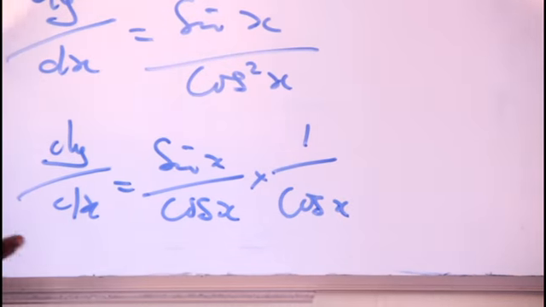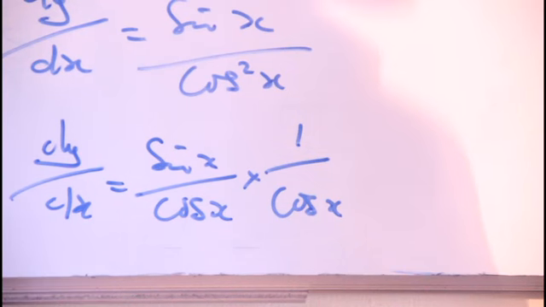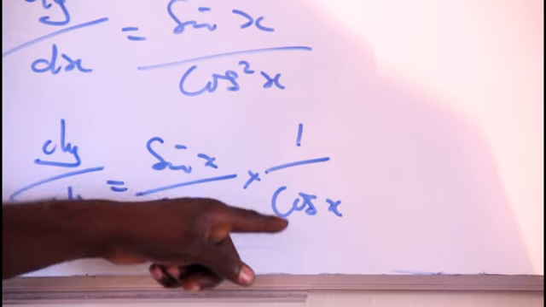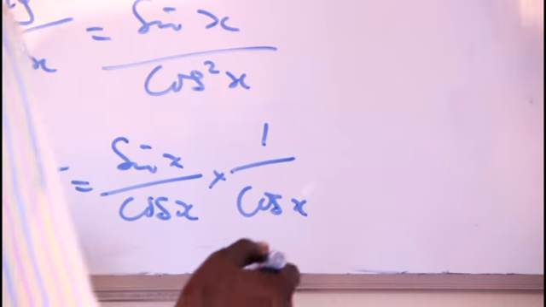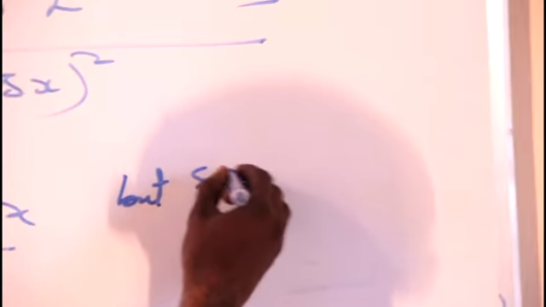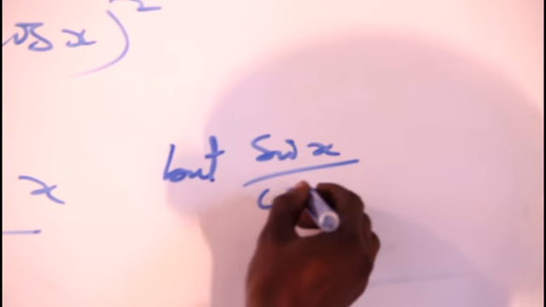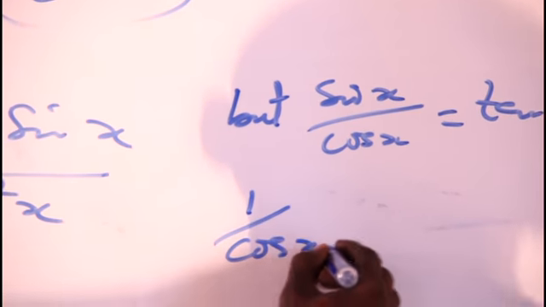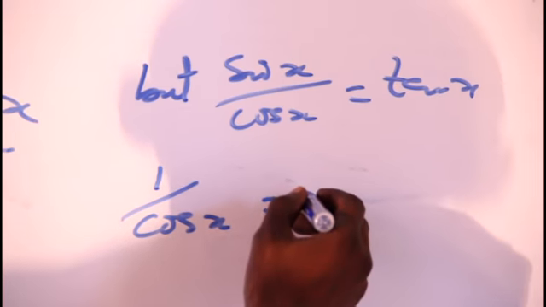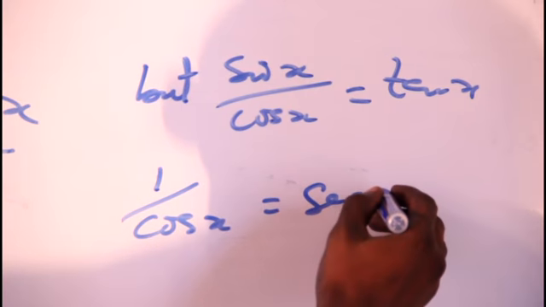Sine over cos is tan, and 1 over cos is sec. So sine x over cos x is tan x, and 1 over cos x is sec x.